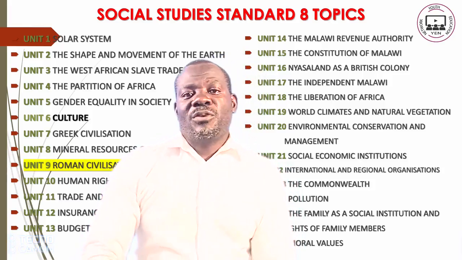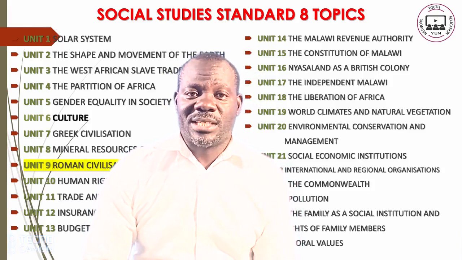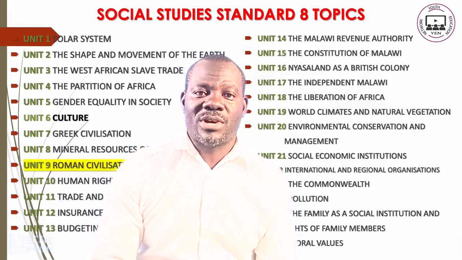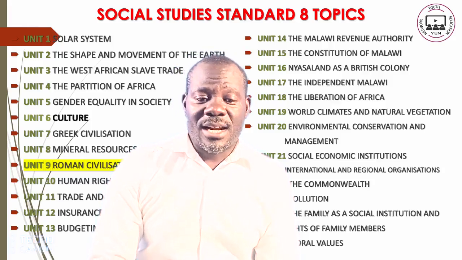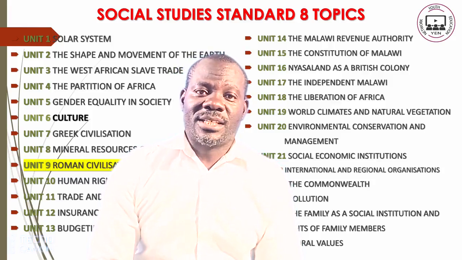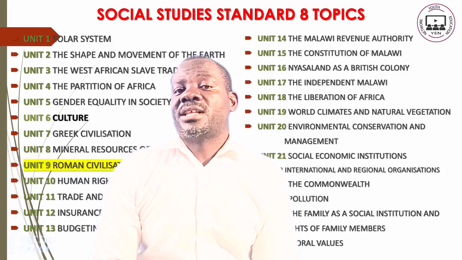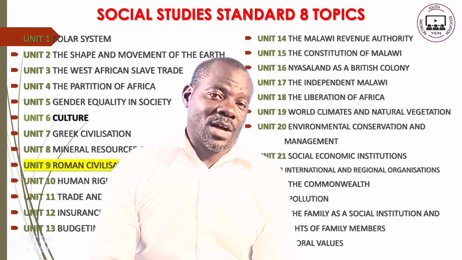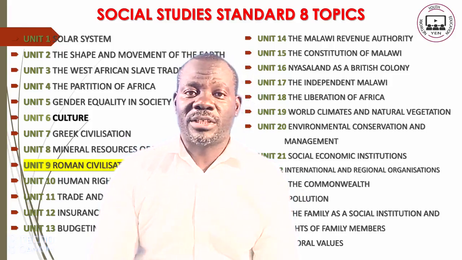Now, before we proceed, I want just to remind you of the work in Standard 8 about social and environmental studies. In Standard 8, there are about 26 units, and it is your duty and your responsibility to make sure you cover everything, at least have a look at each and every unit.